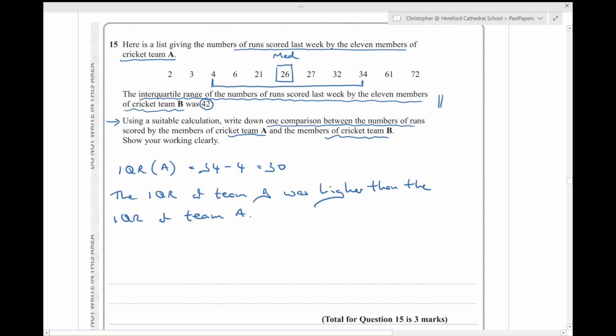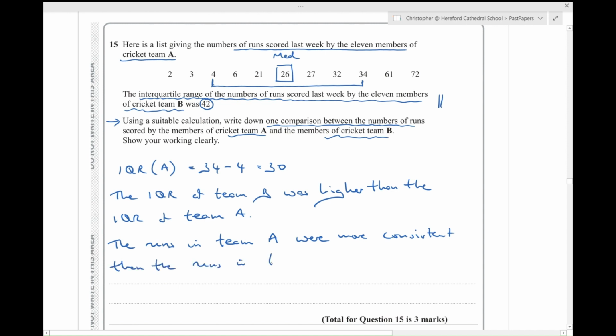That's a comparison. I could also say something like the runs for which team were more consistent. Let's have a look. Well, A's got less of an interquartile range, and so I could say the runs in team A were more consistent than the runs in team B.